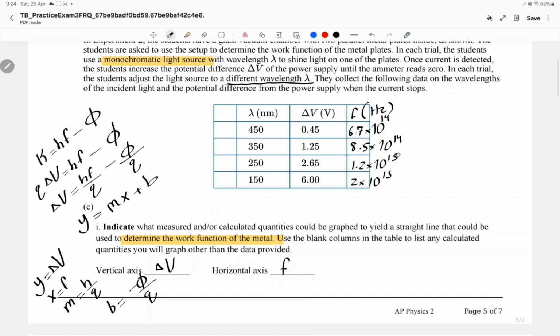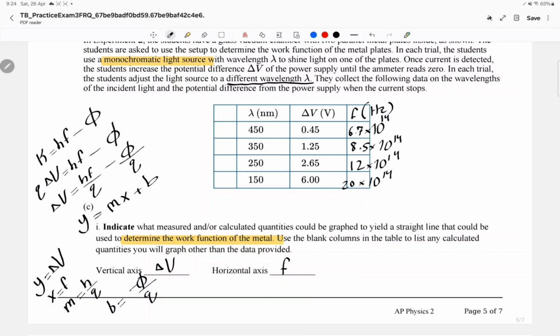That means I'll make this power 14, but if I do, I must move the decimal point. So it's going to be 12 times 10 to the power of 14. And same here, 20 times 10 to the power of 14. So we just have an increasing number from 6.7 all the way to 20. Very good.